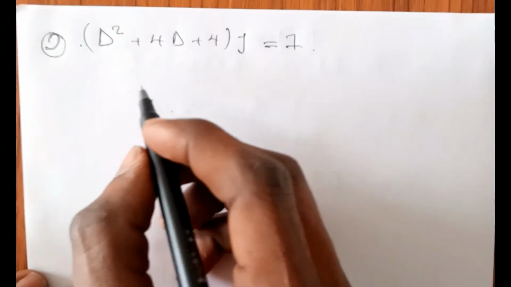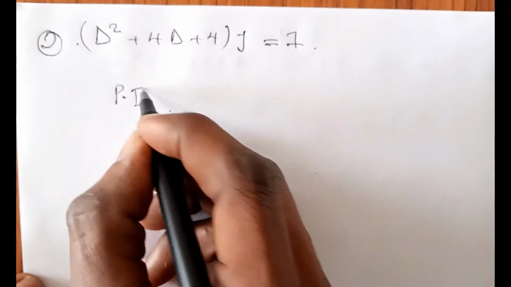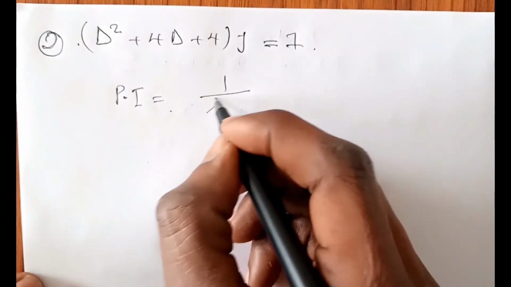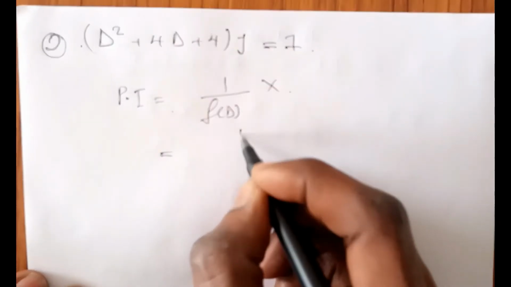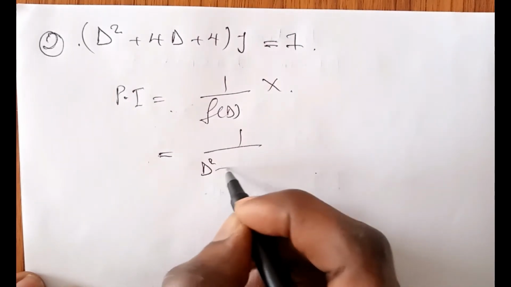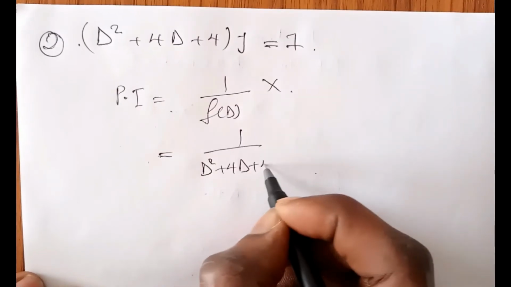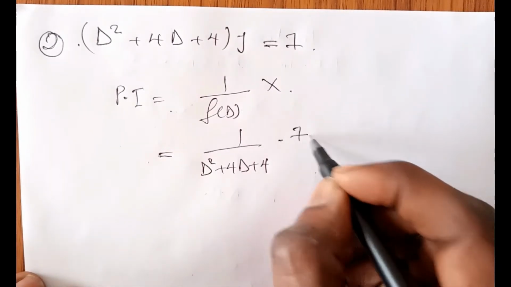So we know that the PI is 1 all over f of D multiplied by X, so it is 1 all over D squared plus 4D plus 4 multiplied by 7.